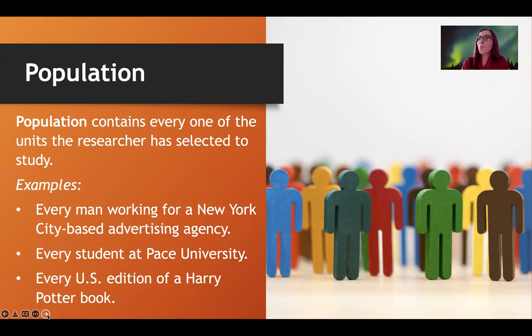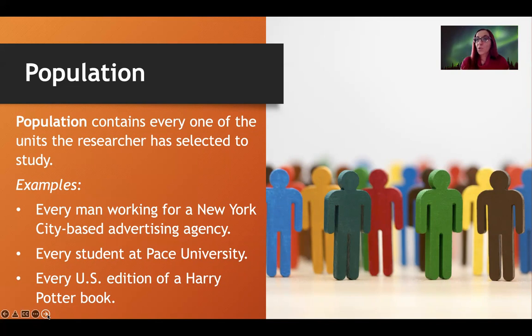First, we need to look at the population. Population basically contains every one of the units that the researcher has selected to study. So if we look at the first example I mentioned, Americans and their view of news media, do they trust them or not? Our population is every American citizen.